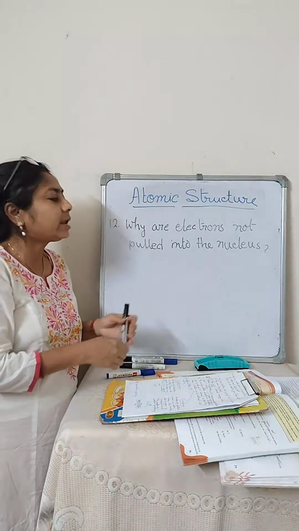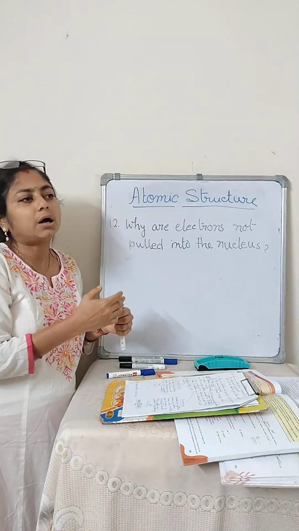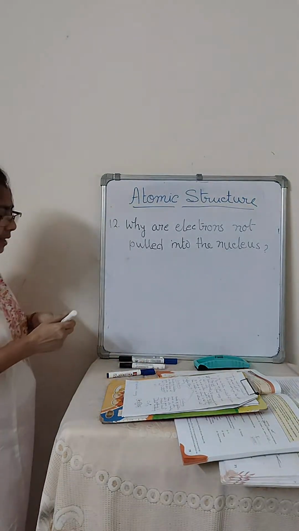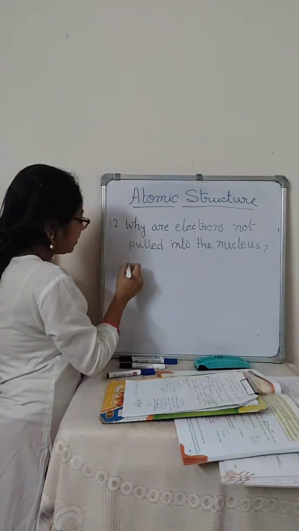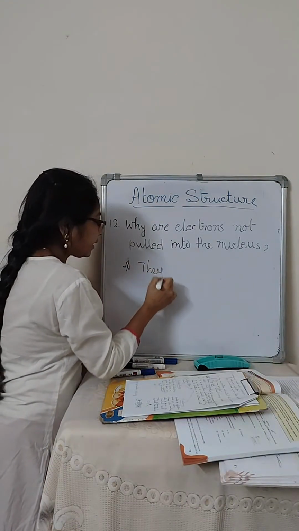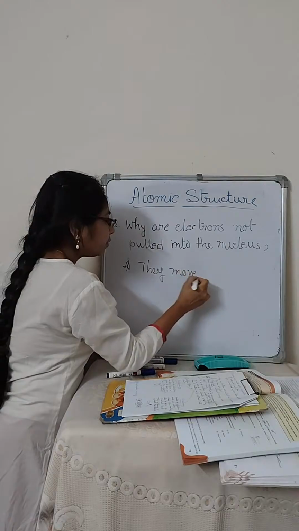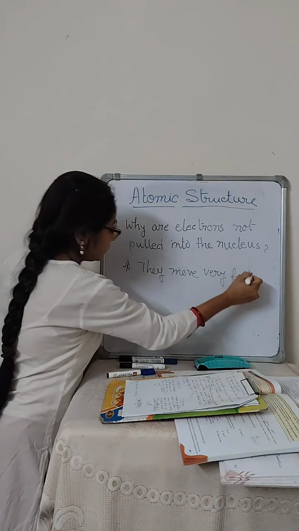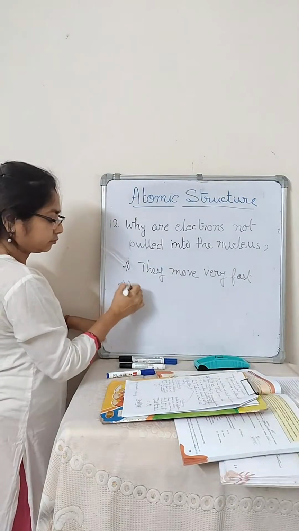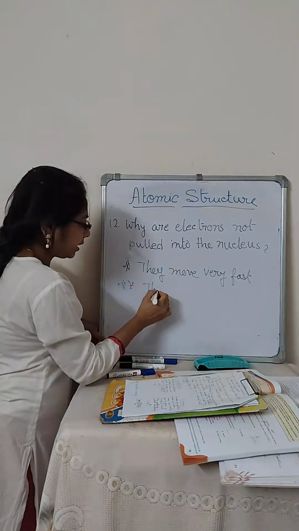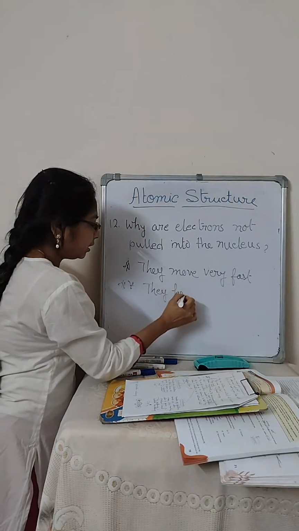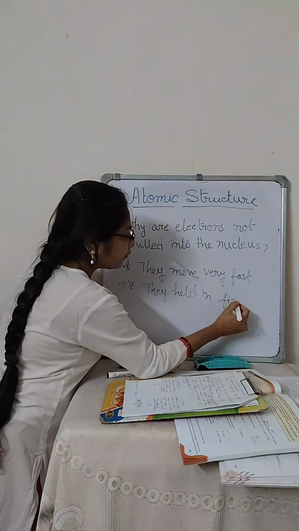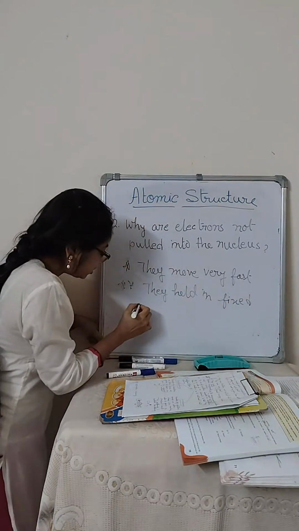For that reason, electrons never jump into the nucleus. Okay, I write the answers. Number one, they move very fast. Number two, they are held in fixed energy levels.